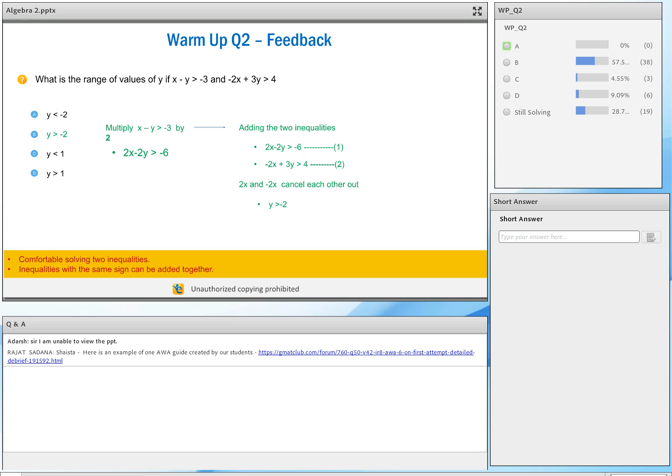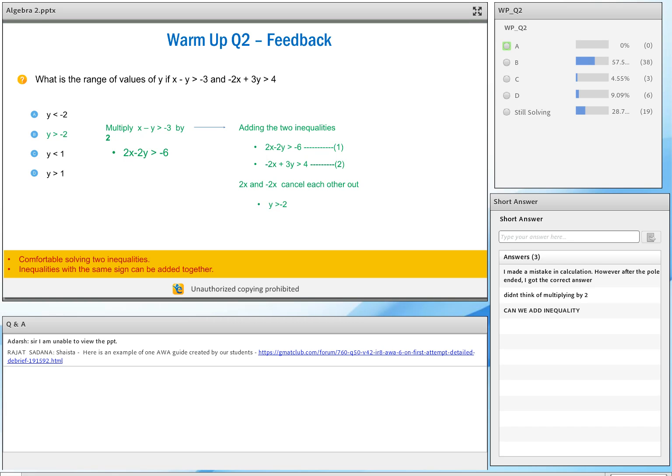Absolutely, we can add inequalities. If you have the same sign of the inequality, then you can definitely add. That's what we've made sure over here, that both the inequalities have a greater than sign. Okay, didn't think of multiplying by 2. If you didn't think of multiplying by 2, that is a simple thing that you do even with linear equations.